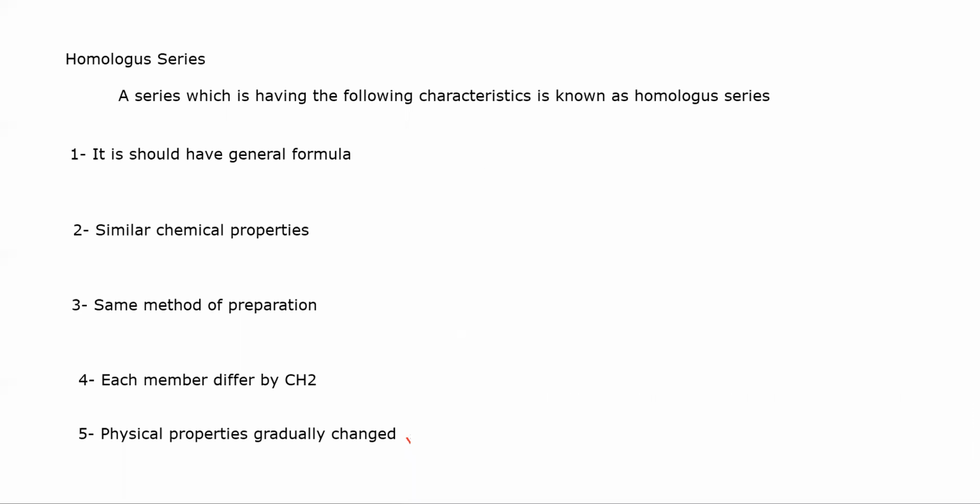So alkane, alkene, alcohols, and carboxylic acid are homologous series.